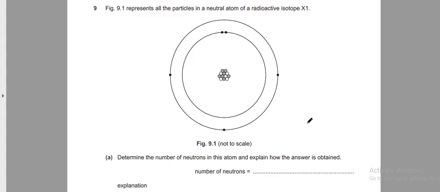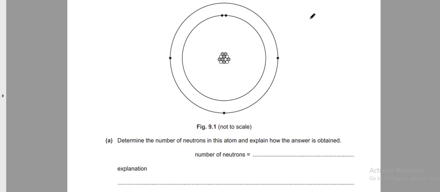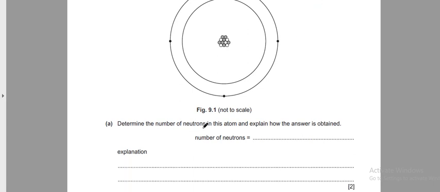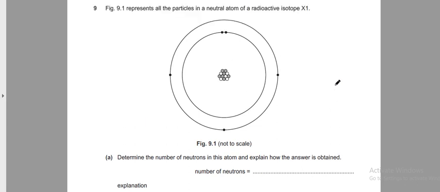The following figure represents the neutral atom of radioisotope X1. Determine the number of neutrons and explain how the answer is obtained. If we see the little spheres here, which represent the electrons, we will find that they are 5. So we expect for a neutral atom to have 5 protons to make the atom neutral or electrically balanced.